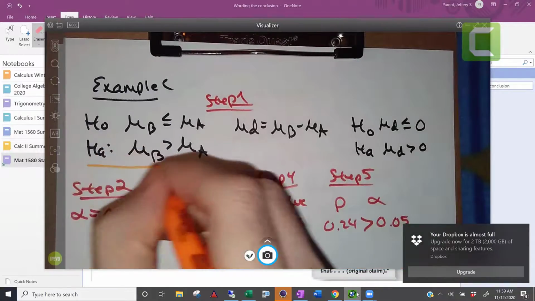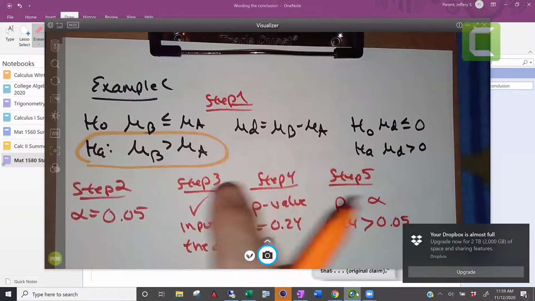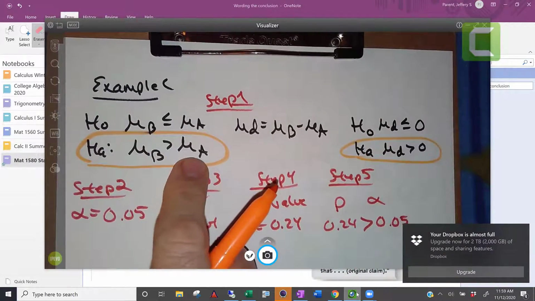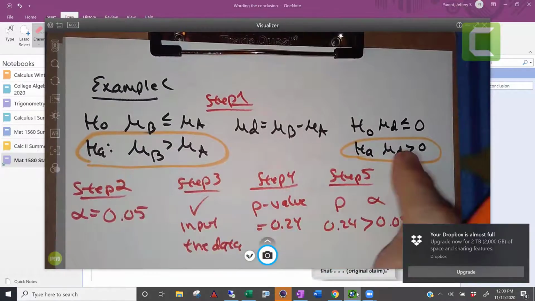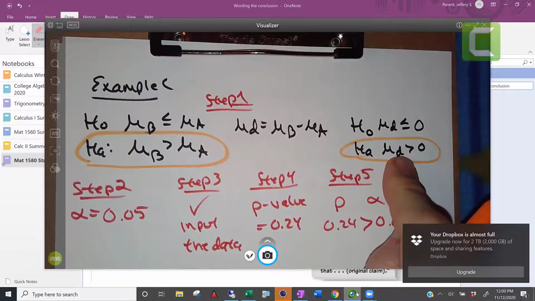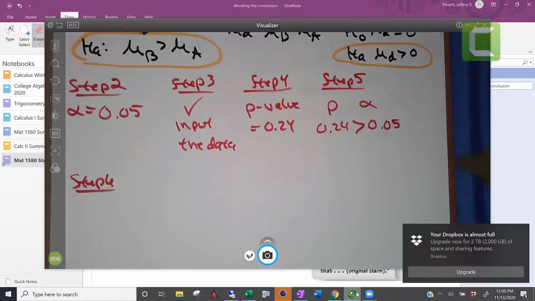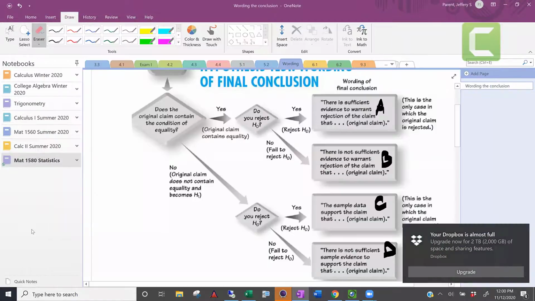Original claim. The original claim is that hypnotism works, which is why your after pain is less than your before pain. Or that the difference of before minus after is greater than 0. It's positive. Did the data hold that up though? Did it support our alternative hypothesis? Original claim does not contain the condition of equality. So I'll tick off this branch. Did we reject H naught? No. So that brings us down here.